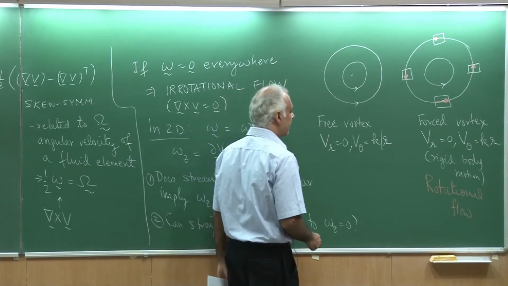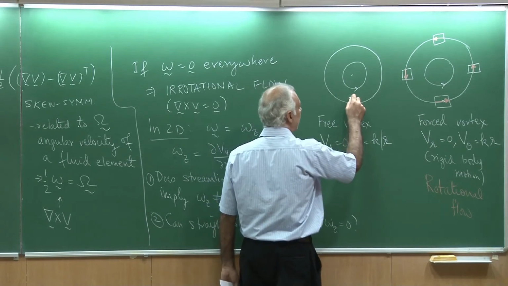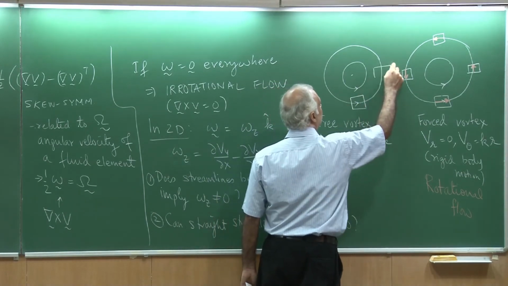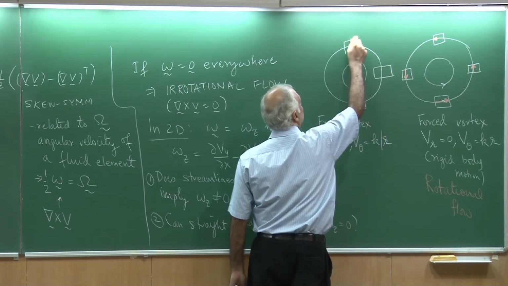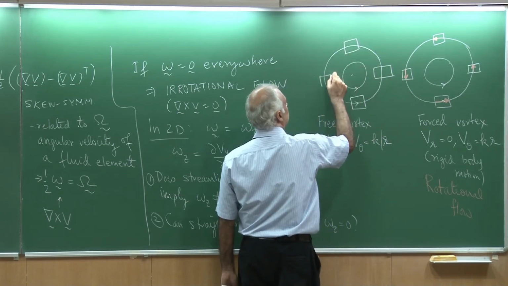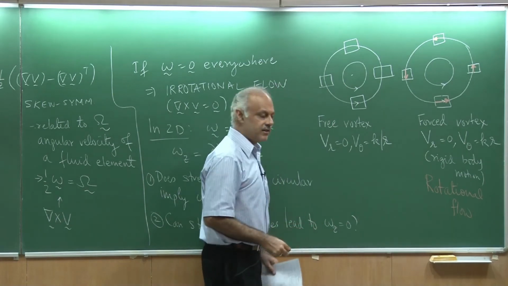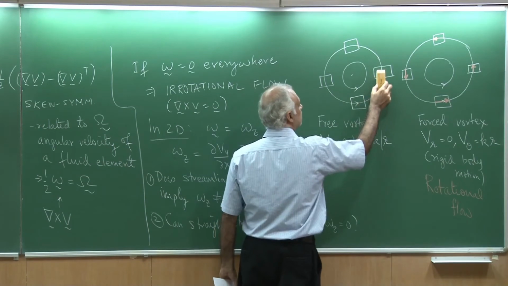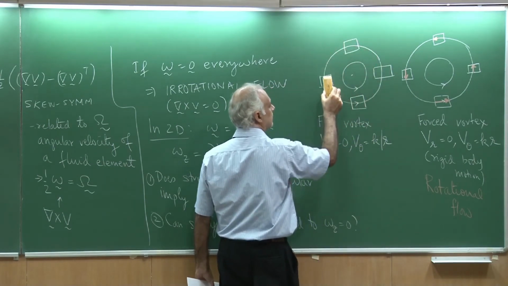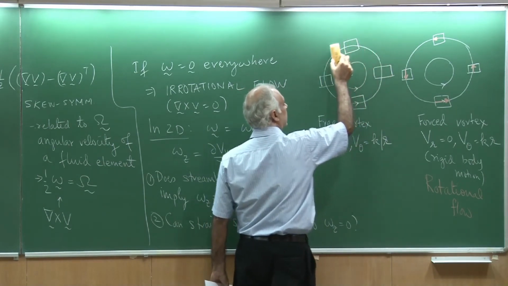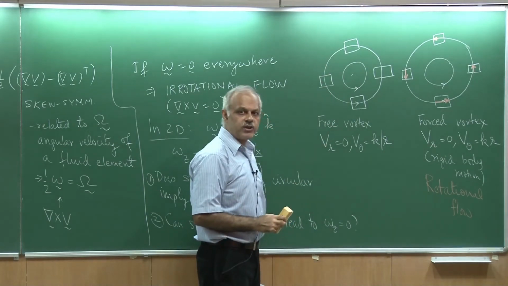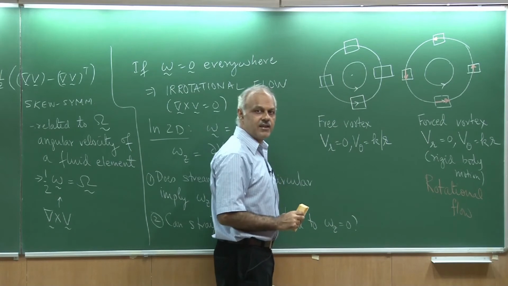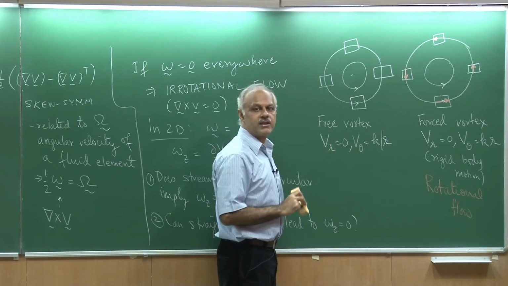But the effect of this velocity field would be the following: if I consider a fluid element as it goes around, you would see that with this velocity field it does this, in the sense that the fluid element does a revolution about the central axis, but it does not spin about its own axis.